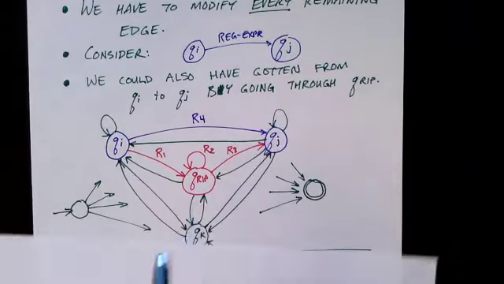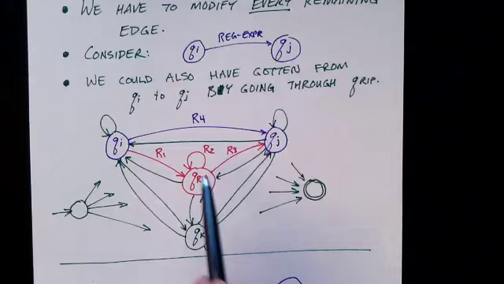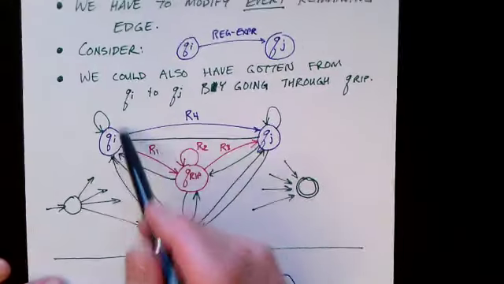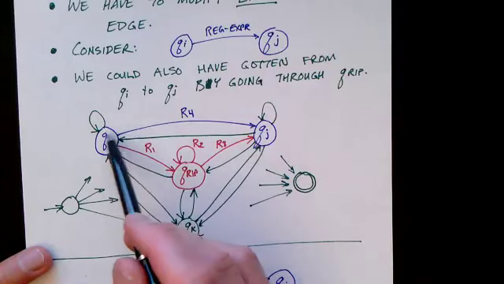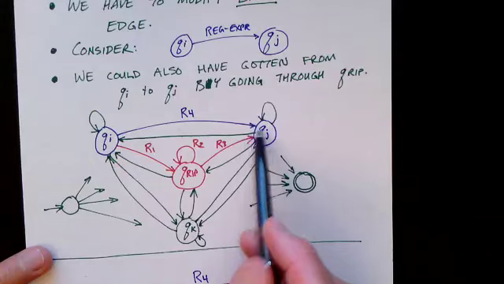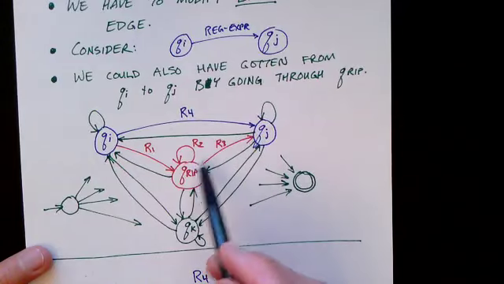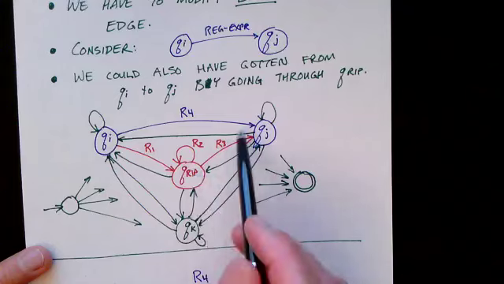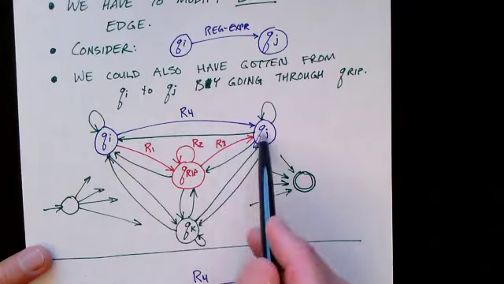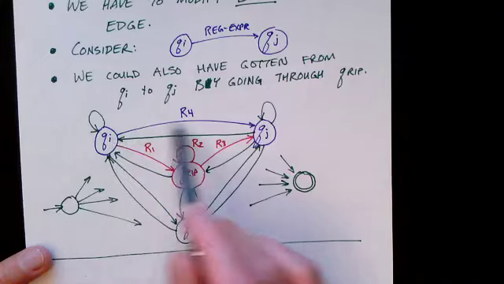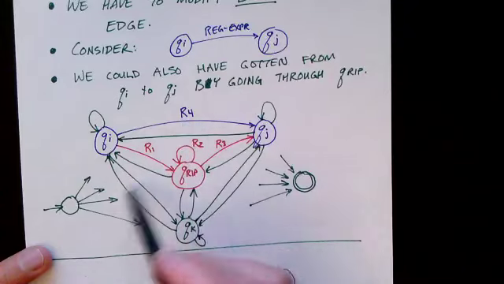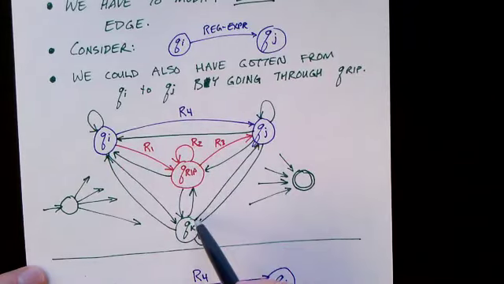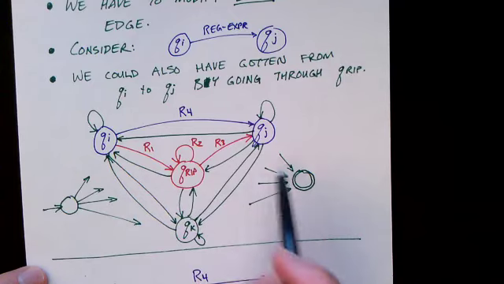Here I'm trying to portray that. Here is i and here is j, and there's an edge before. We remove some state, and we can get from i to j by going directly along this edge that's labeled with a regular expression R4. Now here's our generalized machine. We've got our initial state and we've got our final state.